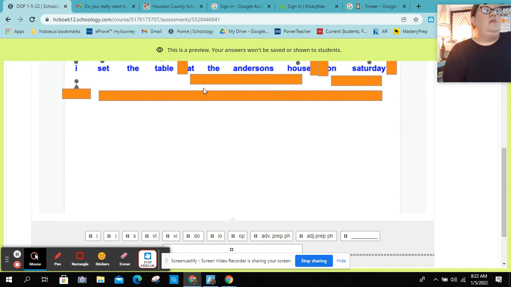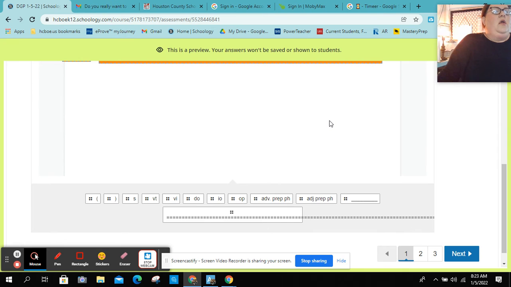They describe. They describe something. Now, is at the Andersons' house and on Saturday describing something, or is it telling when or where? It's telling when or where. Okay, so are these adjective prepositional phrases or are they adverbial prepositional phrases?